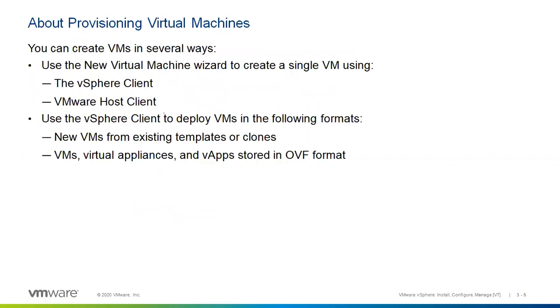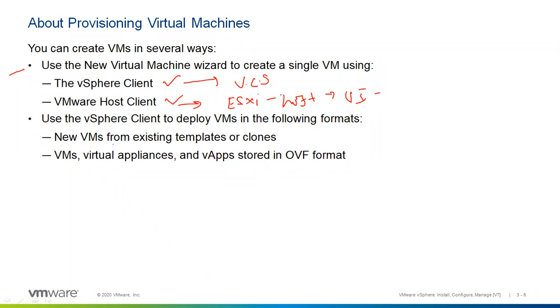All right, so how can you create the virtual machine in an ESXi host? You can use the vSphere Client portal, or you can use the host client. With the vSphere Client portal, you access the vCenter Server console, and with the host client portal, you are accessing the individual ESXi host management user interface.